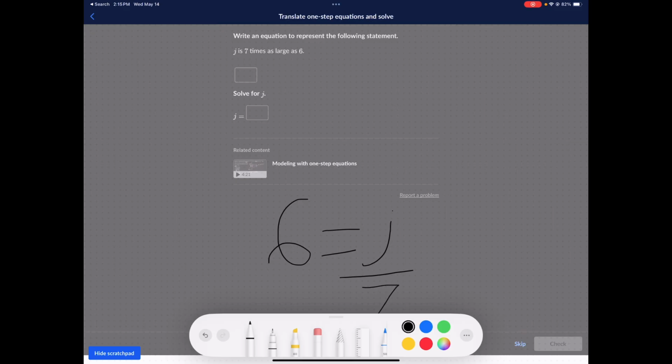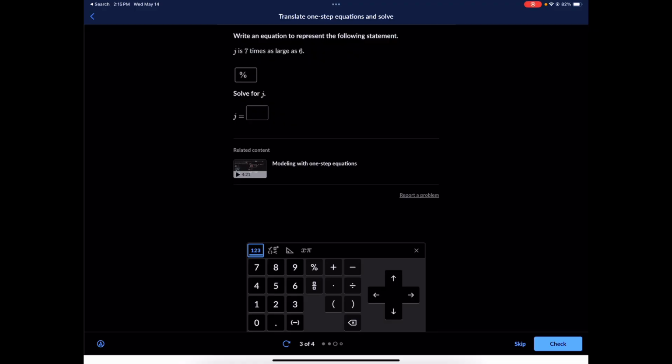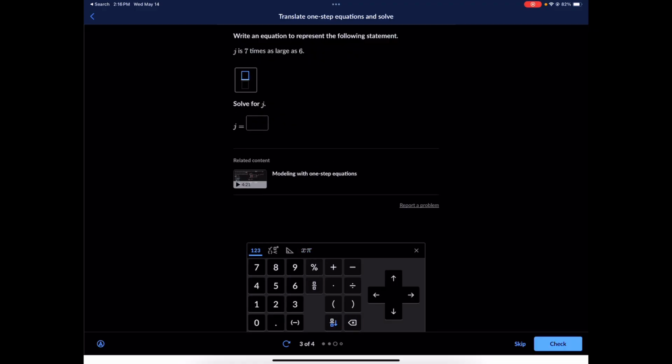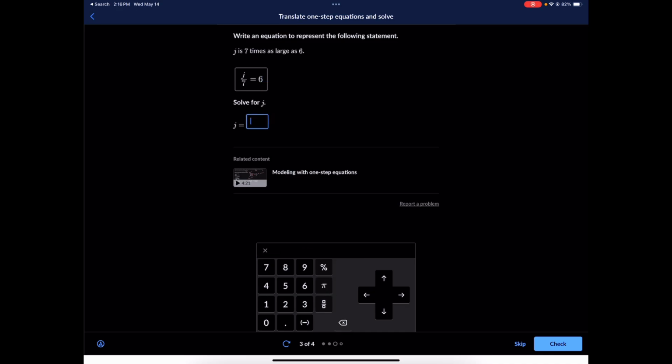So we take J over 7, and that is equal to 6. And now we just have to multiply 7 to 6. We get 42.